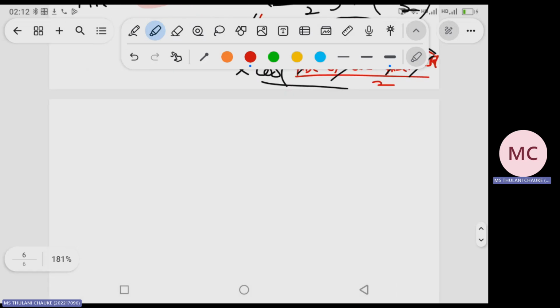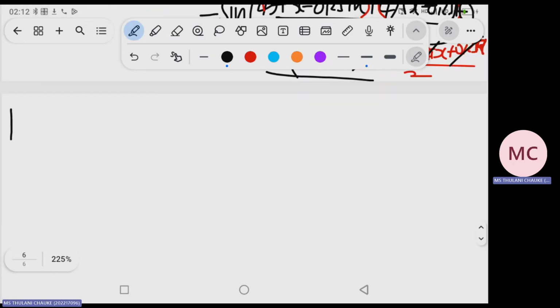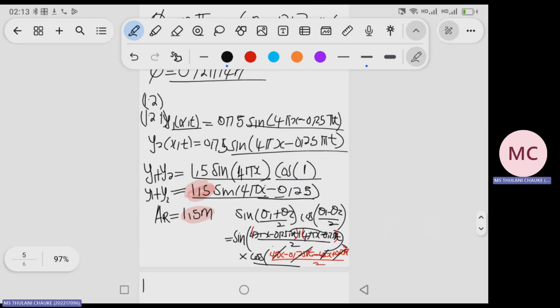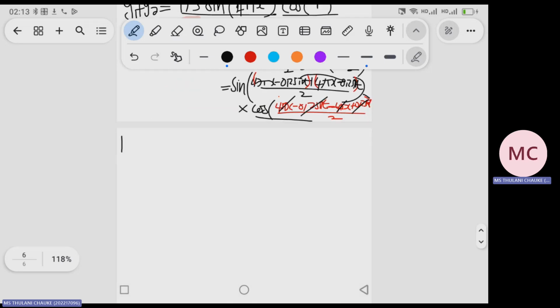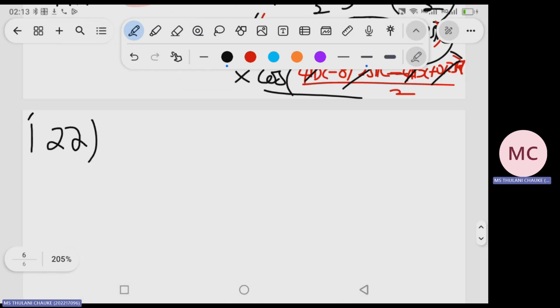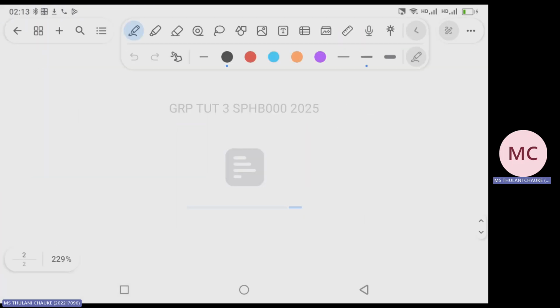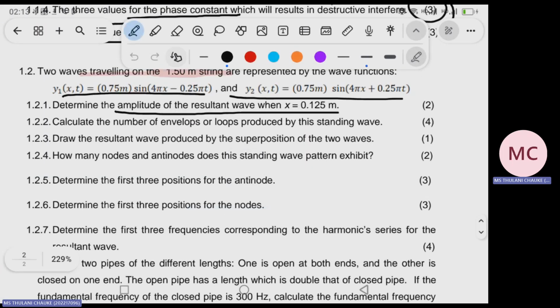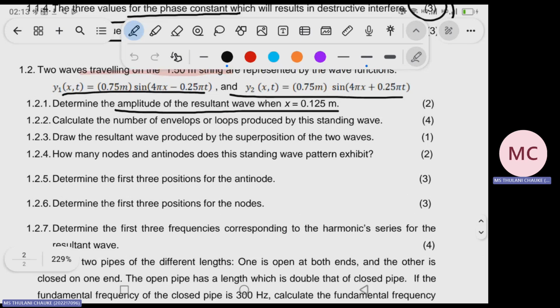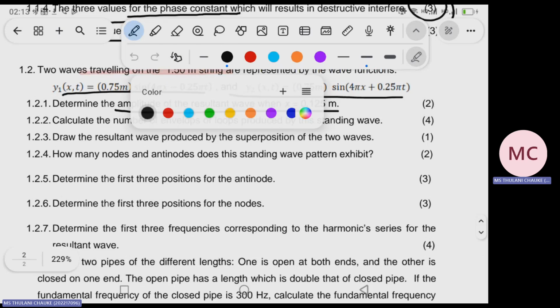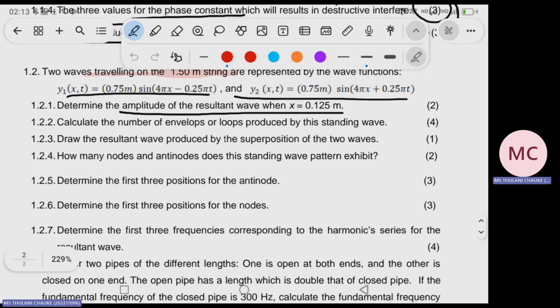They wanted what? 1.2.2. It asks us to calculate the number of envelopes and loops produced by the standing wave.